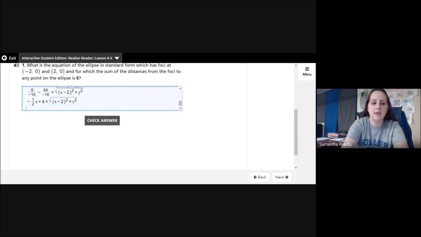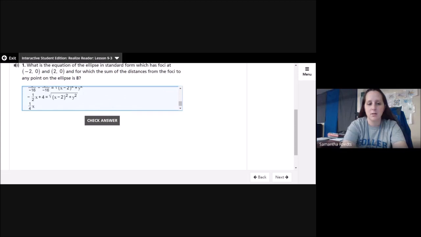I'm going to square both sides. So that gives me -1/2 times -1/2 is positive 1/4 x squared, minus 2x minus 2x, so minus 4x, and then 4 times 4 is 16, plus 16, equals (x minus 2) squared plus y squared.